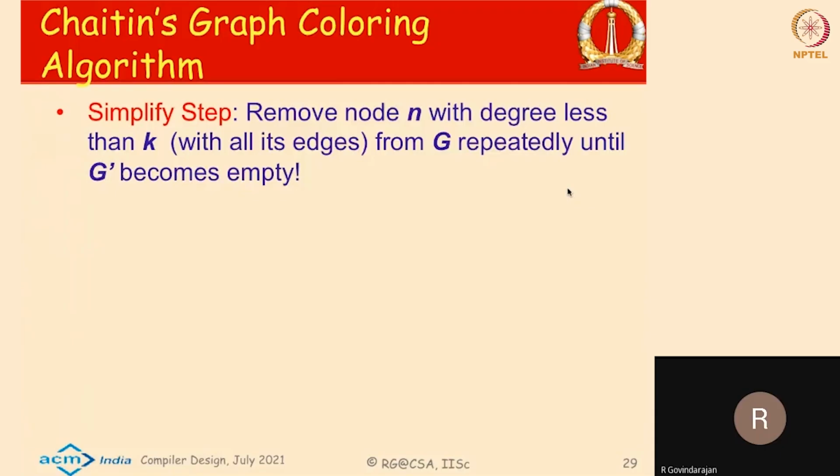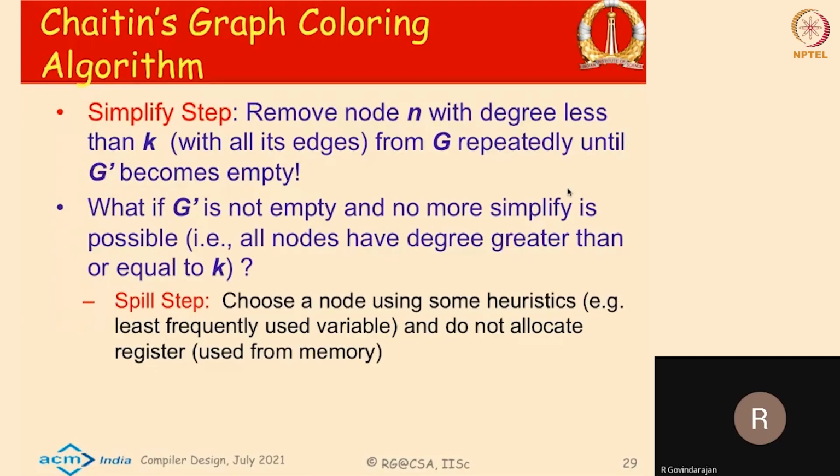After it has removed all the nodes which have fewer than k edges, if the remaining graph has all nodes with at least k edges or more, then that is when the simplify process should stop. Until then, the simplify process can go. If the simplify process keeps removing all the nodes, then the graph is completely simplified and can be k colored. That's essentially what it means.